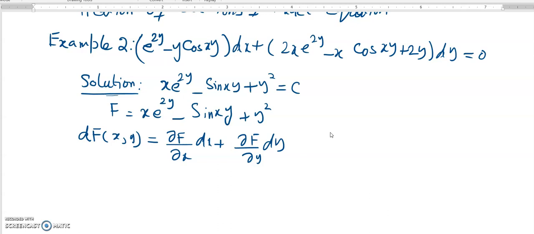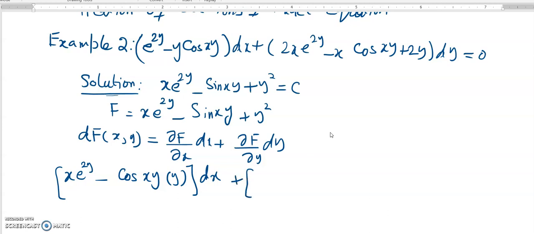Differentiating with respect to x first, it will be e^(2y) minus the derivative of sin xy, which is cos xy, and for xy the derivative will be y, and then for y^2 it will be 0 because we are differentiating with respect to x. So this will be the term with dx. Partial f over partial x is this term.